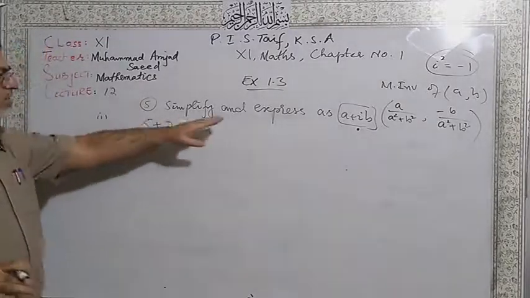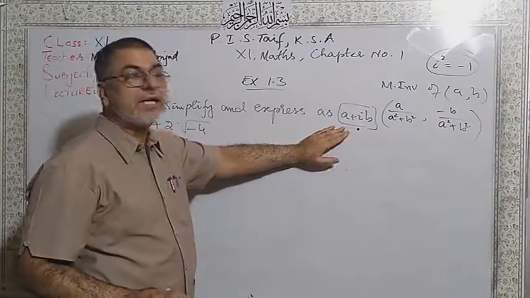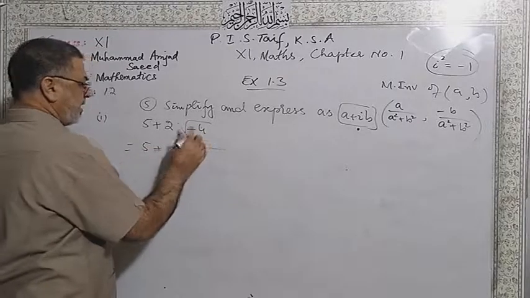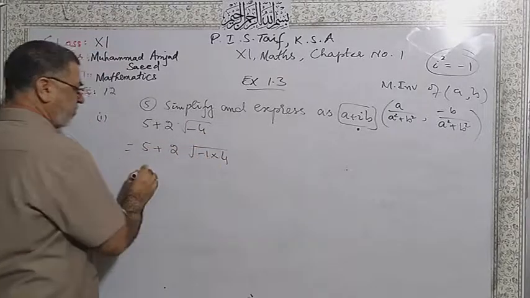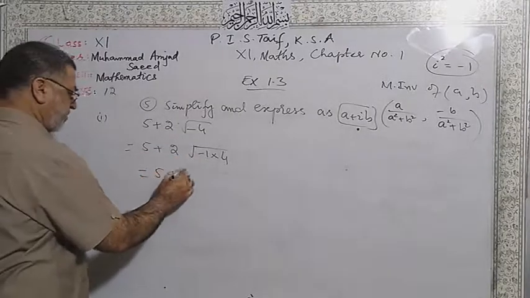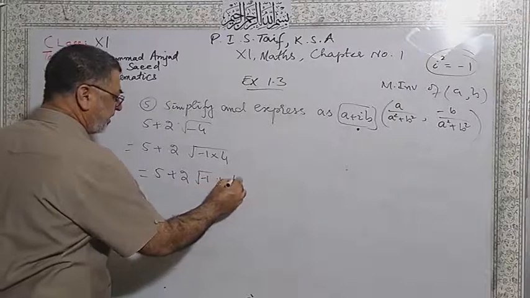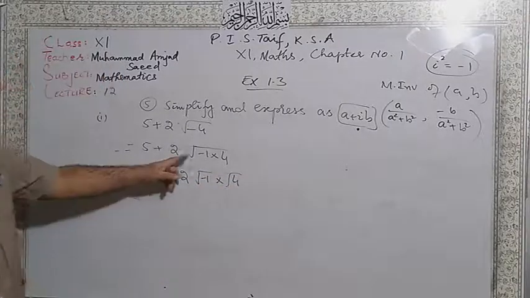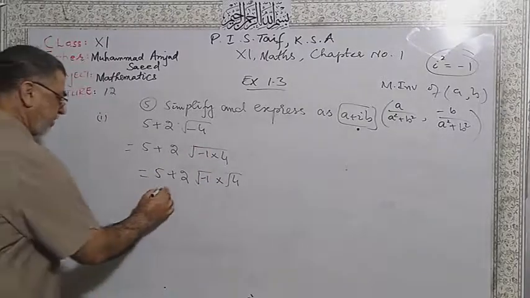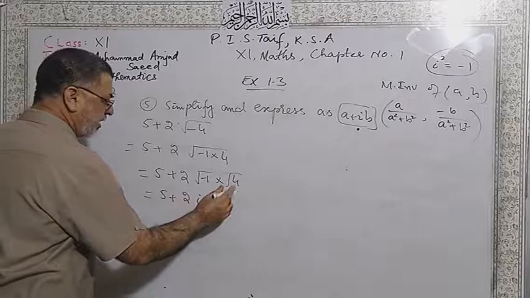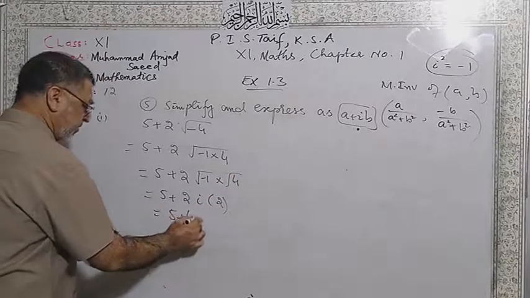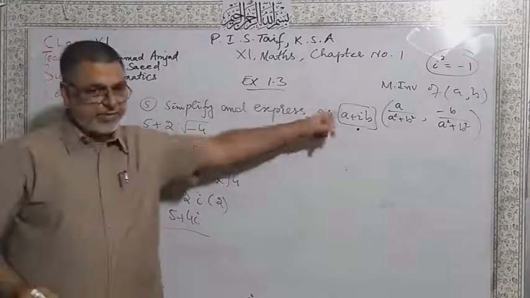We have to write this as a single complex number in terms of a plus iota b. You know that minus 4 can be written as minus 1 into 4. In terms of multiplication, the square root can be split up and combined. So 5 plus 2 iota, and the square root of 4 is 2, that is 5 plus 4 iota. You got this type of answer.